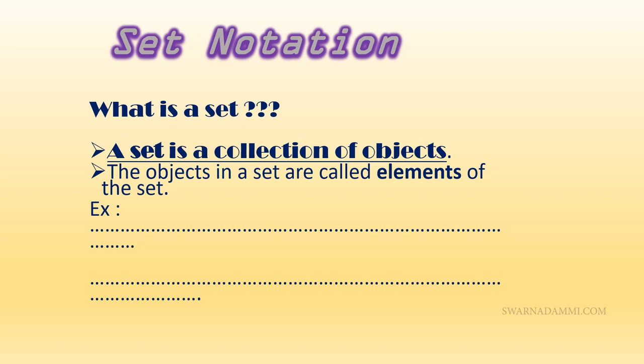We can simply say a set is a collection of distinct objects. These objects may be a group of numbers, group of members, or something else. The objects in a set are called the elements of the set. Can you write down some examples?